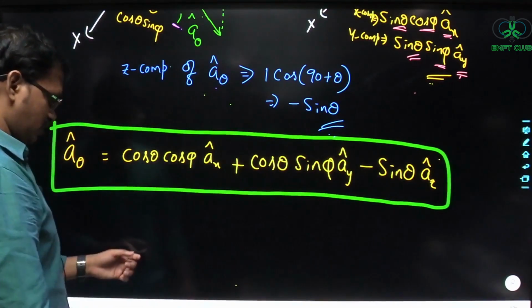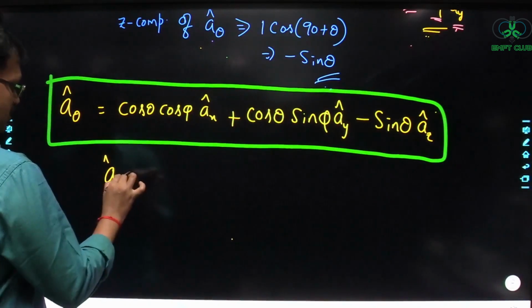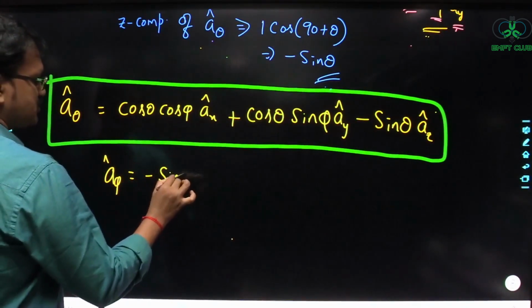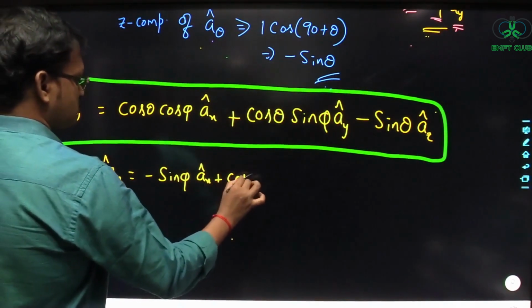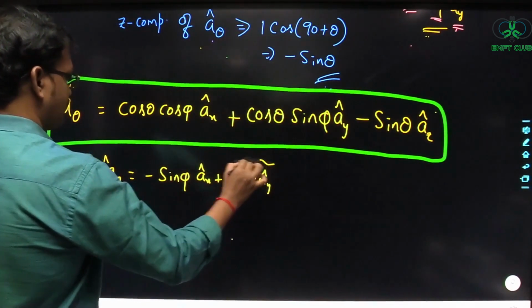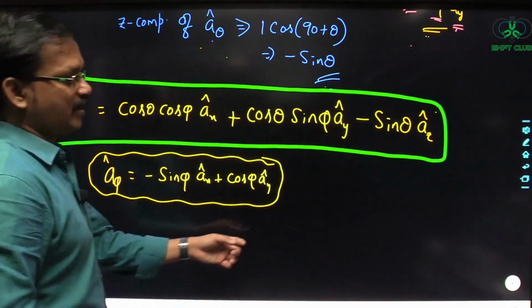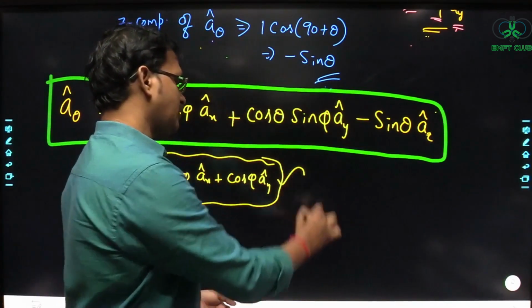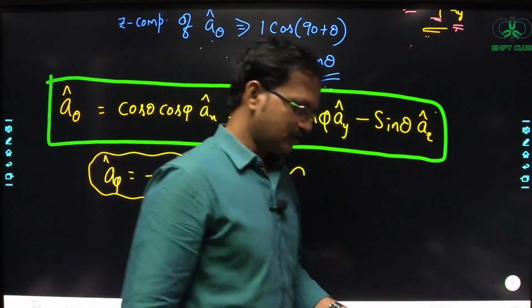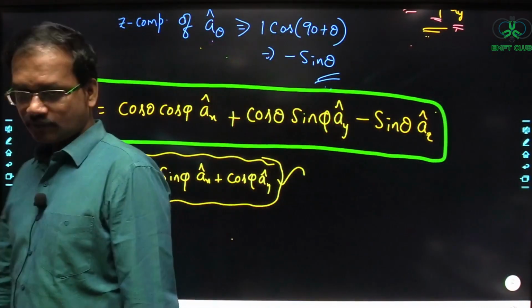We know the expression for a phi cap, so there is no need to derive it again: a phi cap is minus sin phi ax cap plus cos phi ay cap. This is the second method to derive aR cap and a theta cap. We already derived a phi cap in the cylindrical coordinate system, so there is no need to do it again, right?